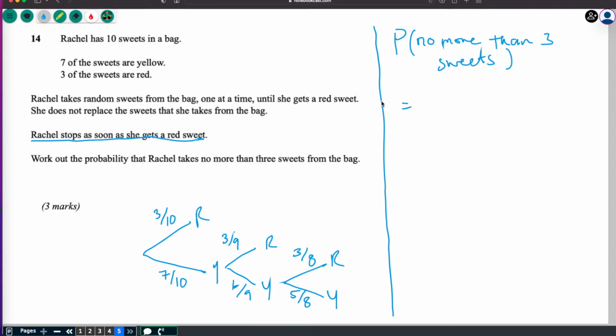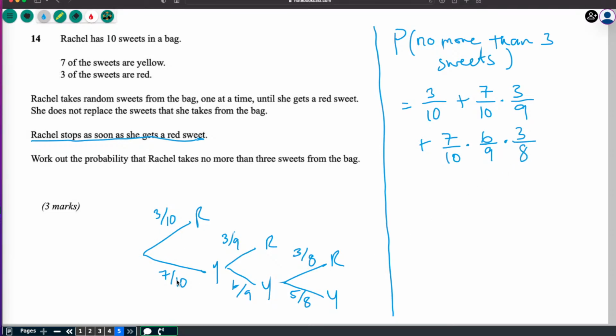Okay, so we could pick a red first. That's just 3 out of 10. Or, we do plus when we say or, we could do a yellow then a red. So that's 7 over 10 multiplied by 3 over 9. Or we could do 7 over 10 multiplied by 6 over 9 multiplied by 3 over 8.